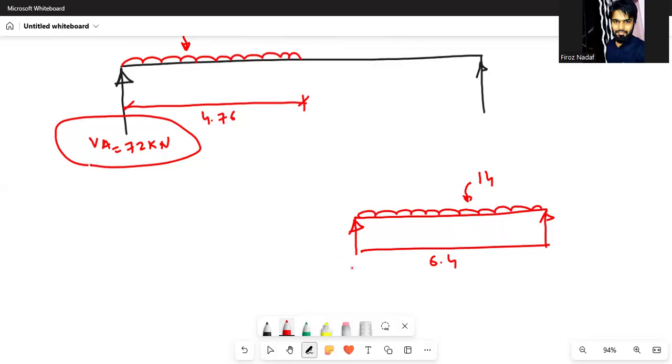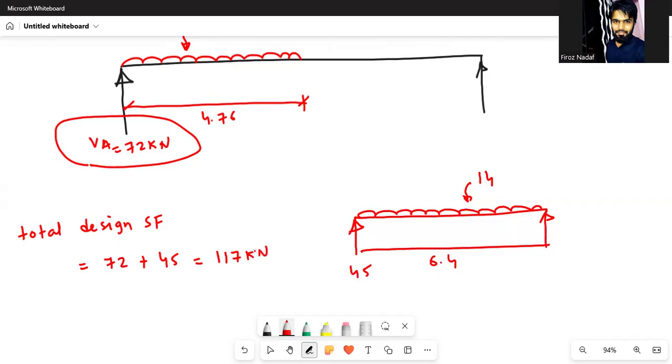So the dead load shear force is 45. Total design shear force is 72, the live load shear force, plus 45, the dead load shear force, and you get 117 kilonewton.